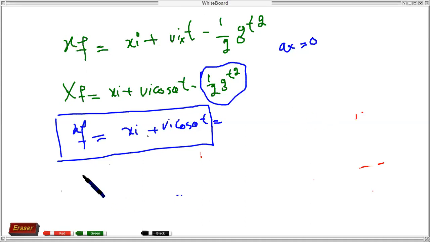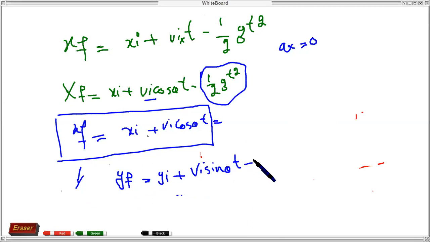Along the y-axis we write yf equals the initial position plus viy t, where viy is equal to vi into sine theta, multiplied with t, plus the same 1/2 g t square. This is the equation for vertical motion.